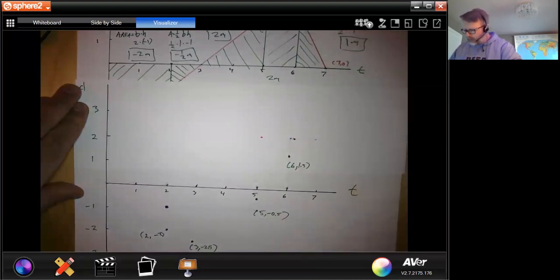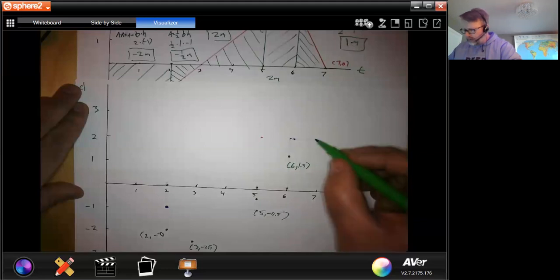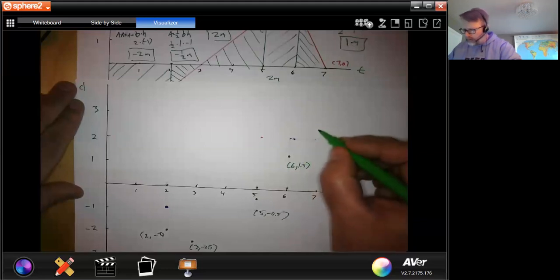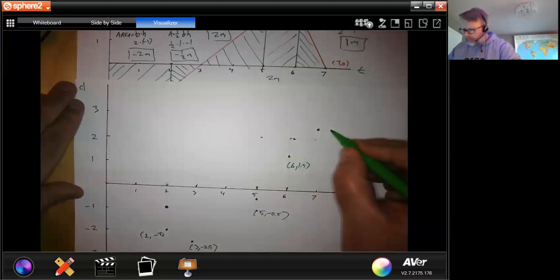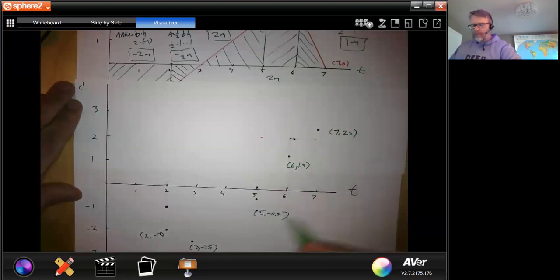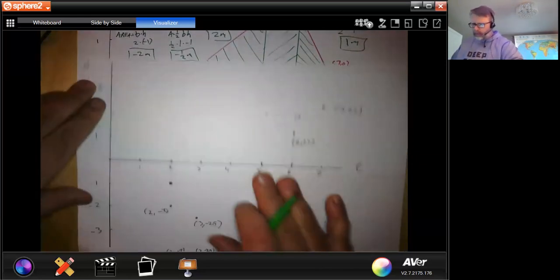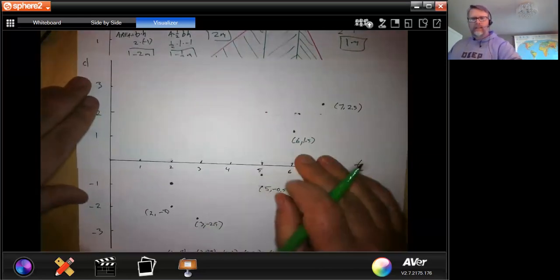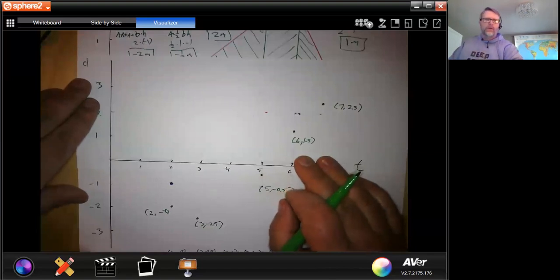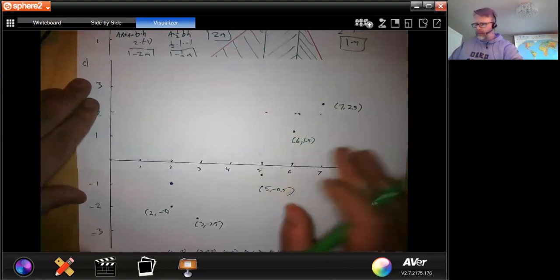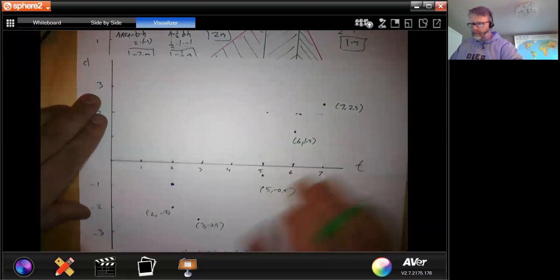I'm moving up 1 more. So now I'm at 7 and 2.5. Okay, so we found our areas and we plotted our points. The last thing to think about is the curve and the curve of these lines.